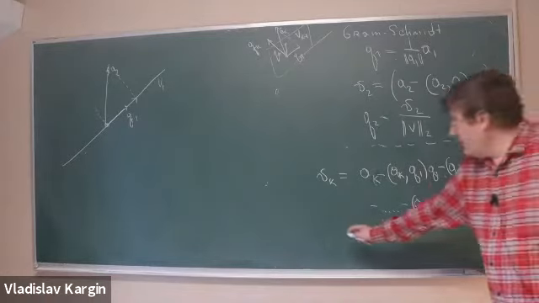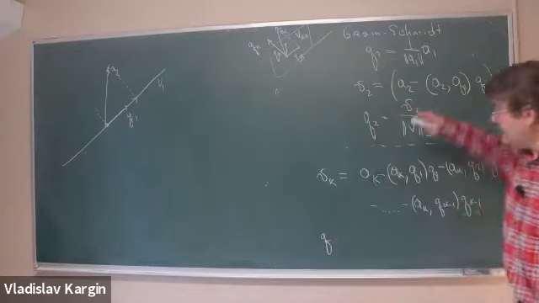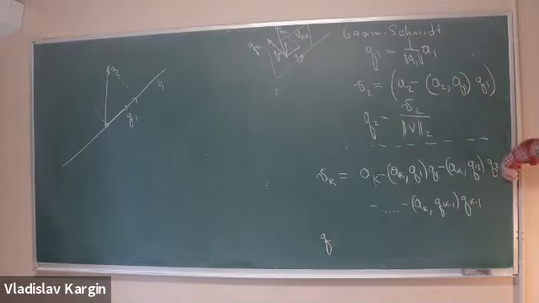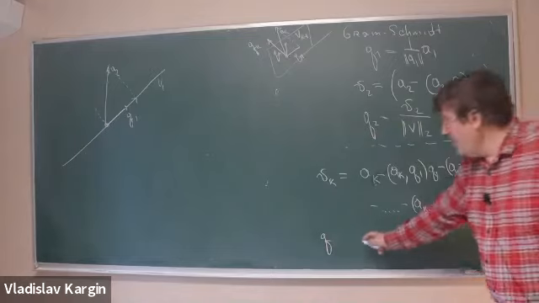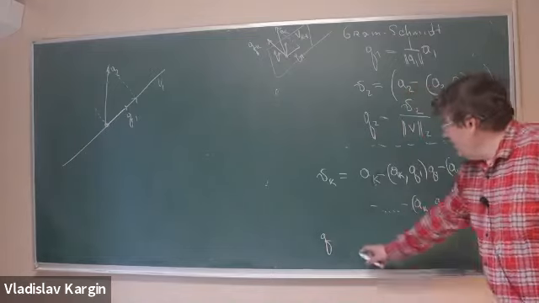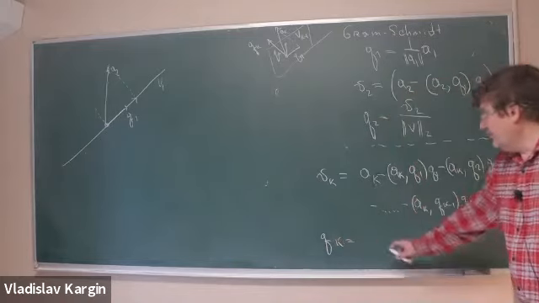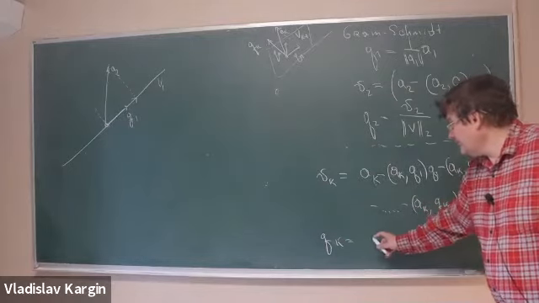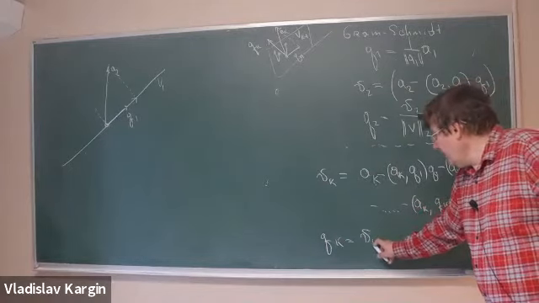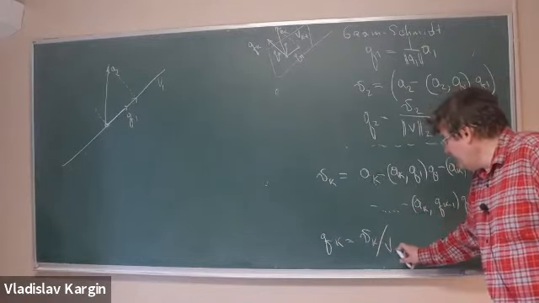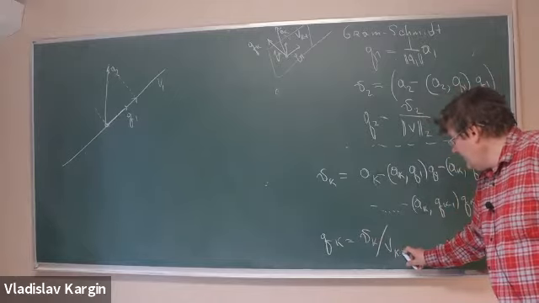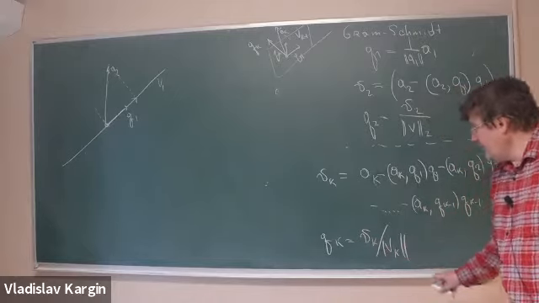The last thing is we need to normalize to make sure that this is a unit vector, so the formula from before can be used. So qk is equal to vk divided by the norm of vk, and so on.